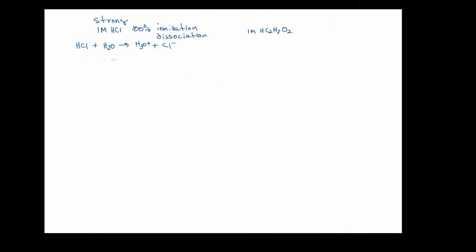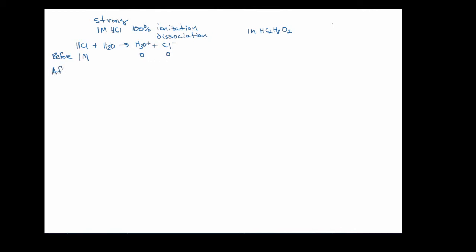If we make a 1 molar solution of hydrochloric acid, we can set up our ICE table for this, or what I call the box. Before we add the hydrochloric acid to the water, this is the situation that we have: a 1 molar solution of HCl, and 0 of H3O+ and 0 of Cl-.